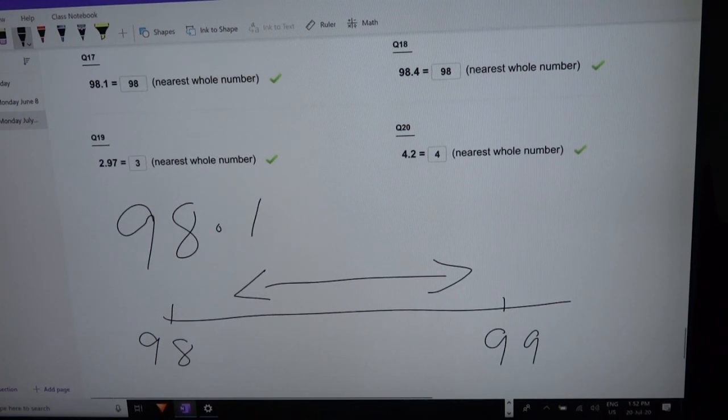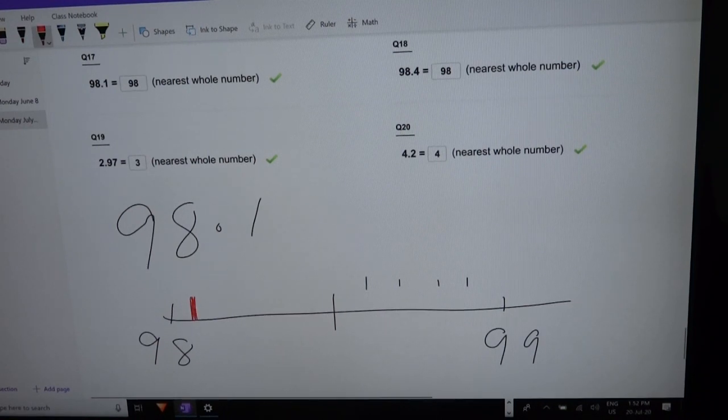If we imagine that we're writing our 98.1, we have to divide the space between 98 and 99 into 10 parts. There's 5 parts, 5/10, 6, 7, 8, 9 and 10. We want to represent 98.1, so 98.1 is obviously going to be about there.